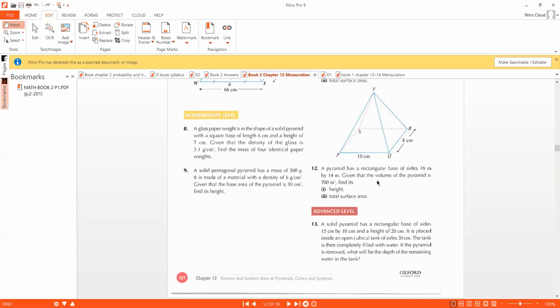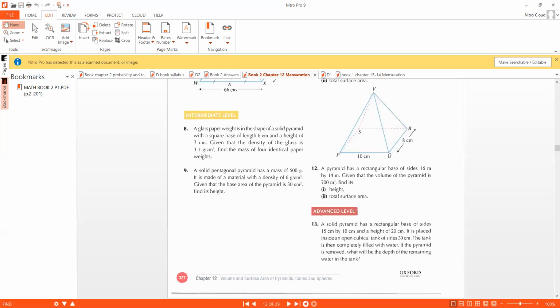And when you get 224, you times it by a third. Wait, what is the height?